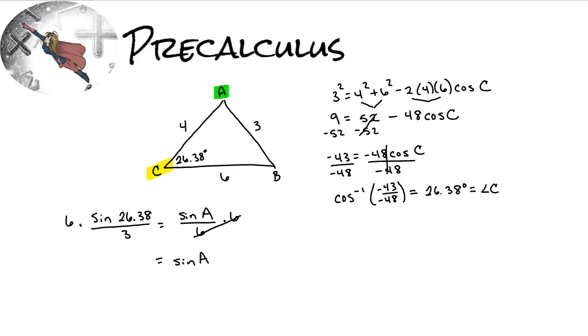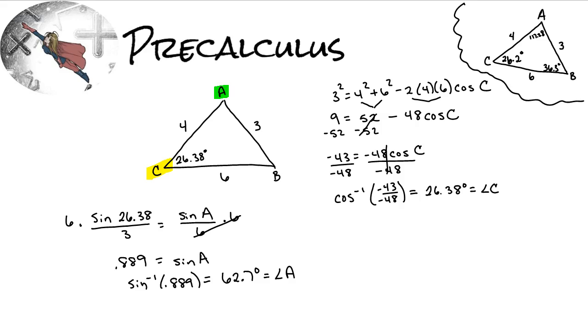And we get 0.889 equals the sine of A. So then if I do sine inverse of 0.889, I did that in my calculator and I got 62.7 degrees, which would be angle A. But we know from the work we did on the front page that that is not true.